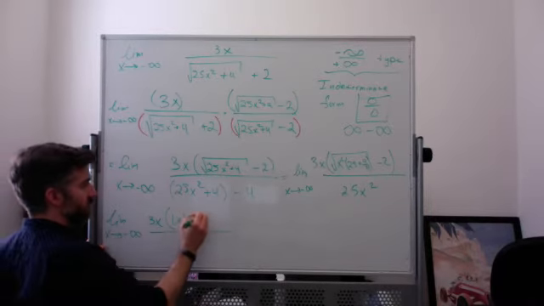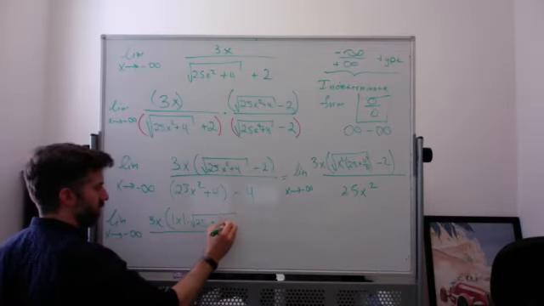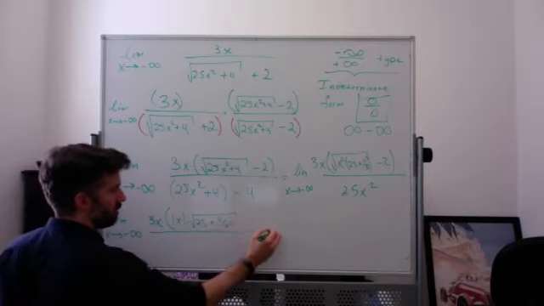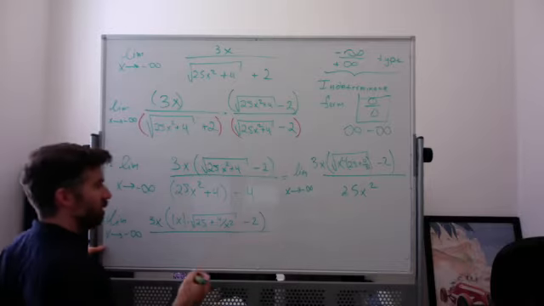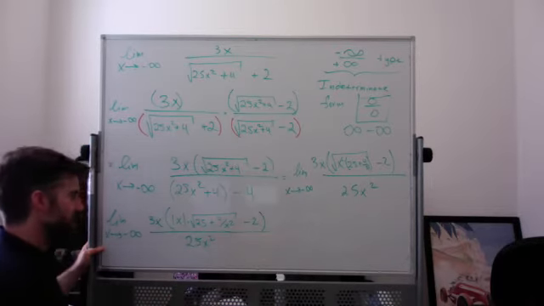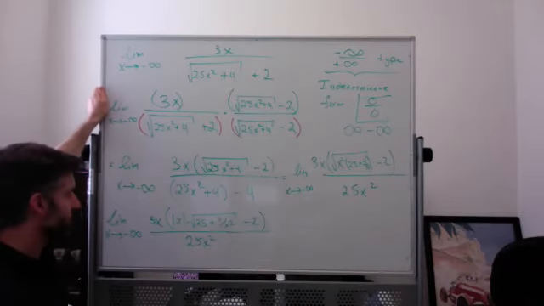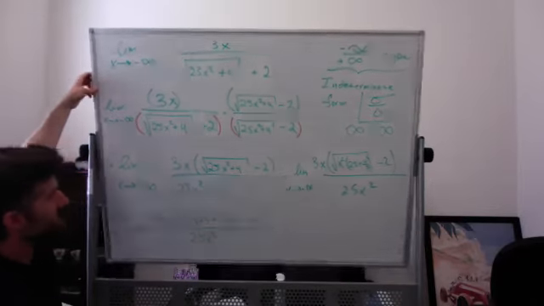And then I still have the square root of 25 plus 4 over x squared, minus 2, all over 25x squared. Now we're so close, but I think we're going to need another slide. So I'm going to go to the other side and recopy this.